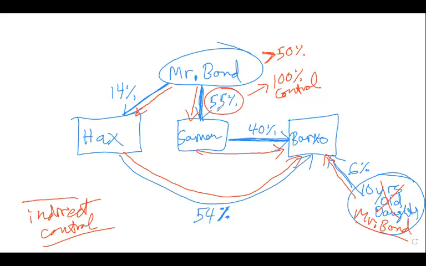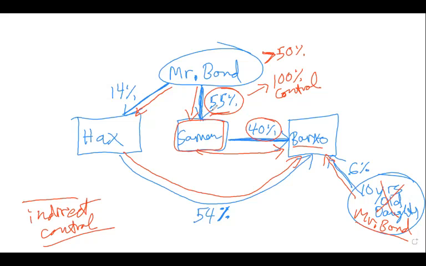So if you have anything above 50%, you have 100% control of this entity. Now, this entity in turn controls 40% of the votes of Barksdale.